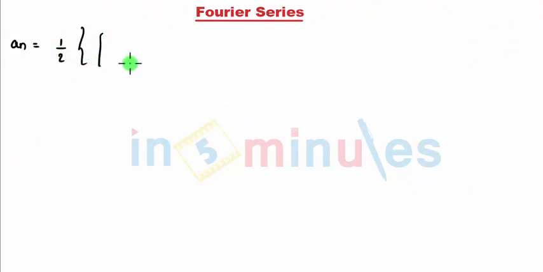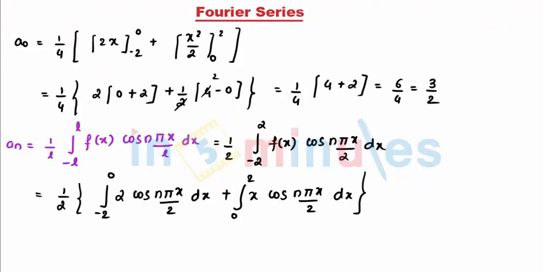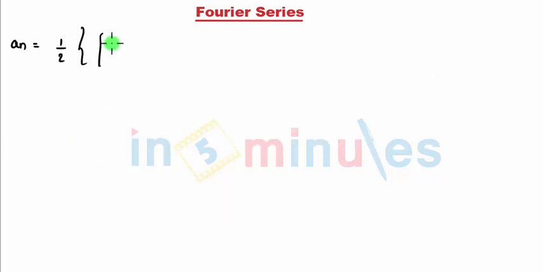As you can see, the integration of cos is sine, so sine(n pi x by 2), that comes 2 sine(n pi x by 2) whole divided by n pi by 2.